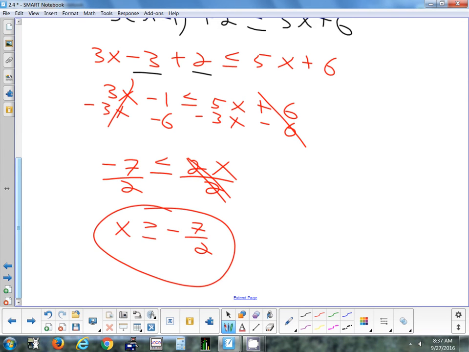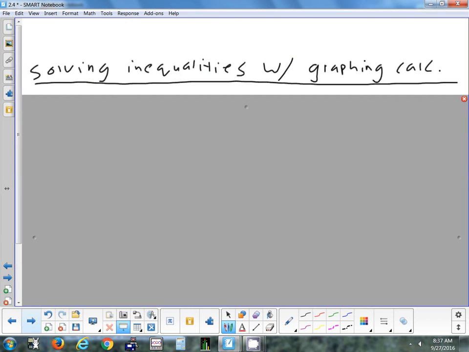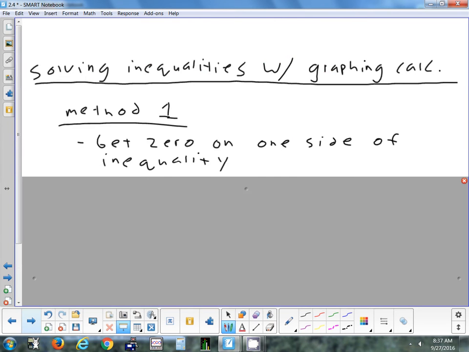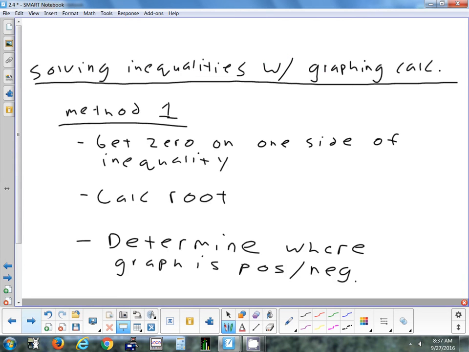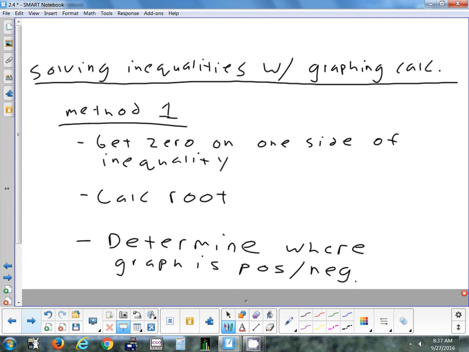All right, so let's look at how we can solve an inequality with the graphing calculator. There's really two ways. One way you can do it is get the inequality equal to 0, calculate the root. But now the root isn't your answer.